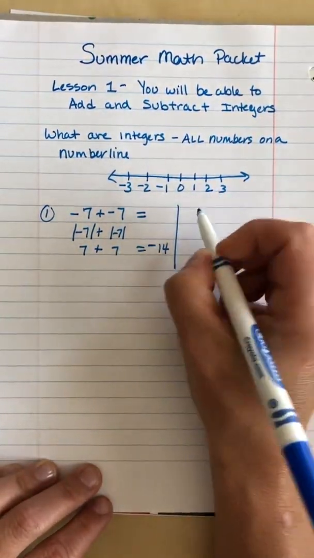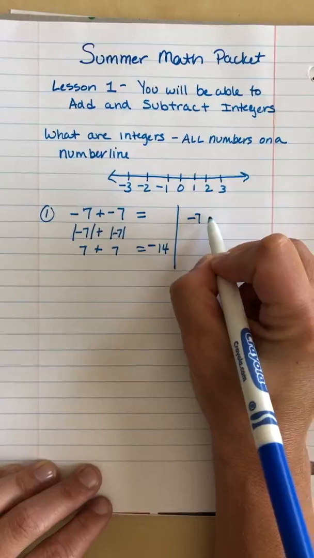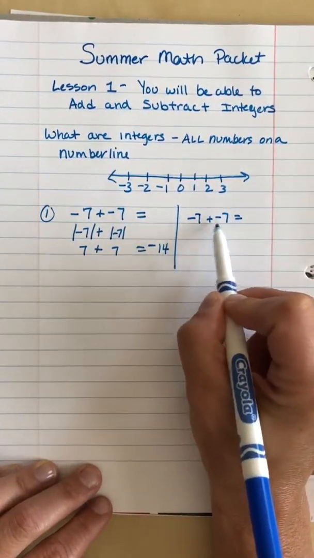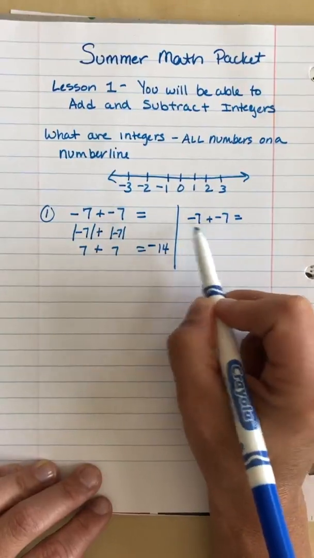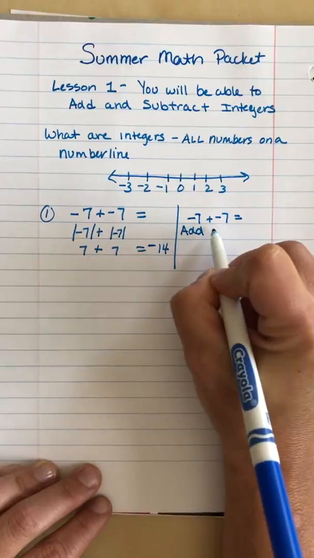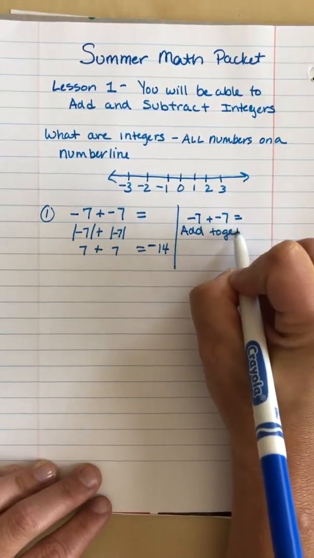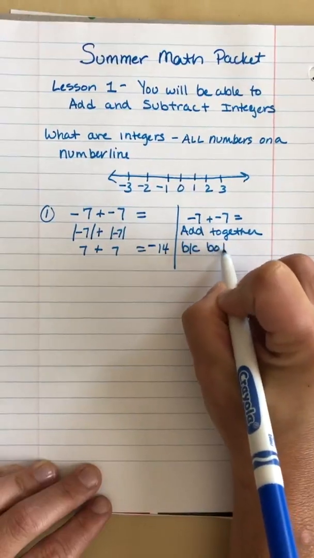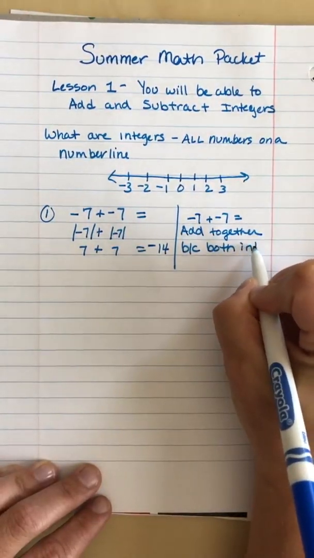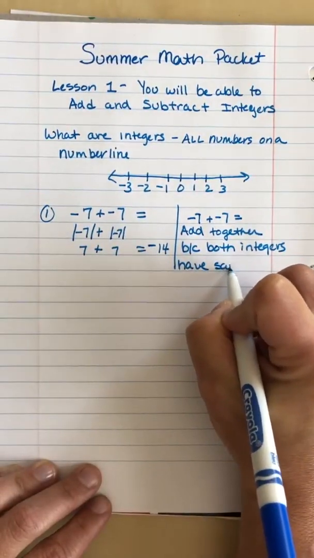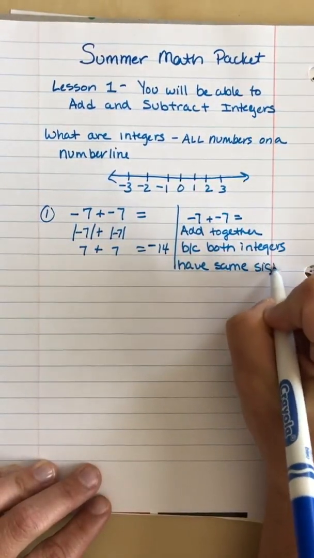Another way to think about this is -7 plus -7 equals, well, I know both of the integers have the same sign, so I'm going to add them together and take their sign. So add together because both integers have the same sign.